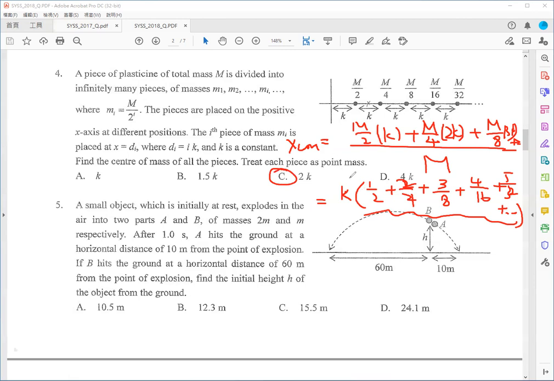But to solve this series, there's one trick you can do. You multiply by 2 in this series.